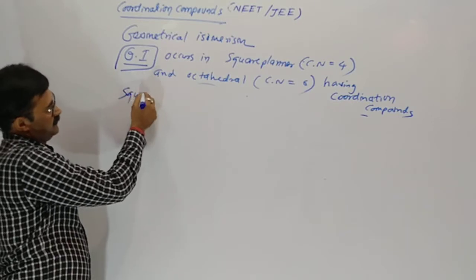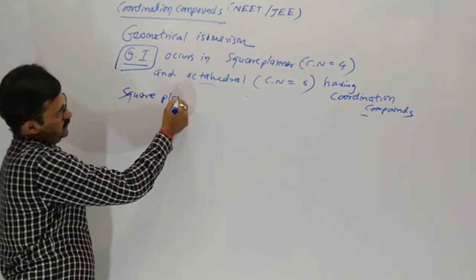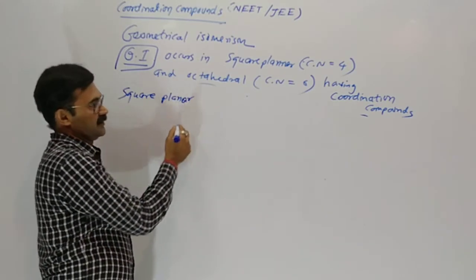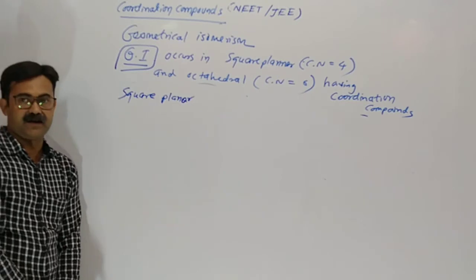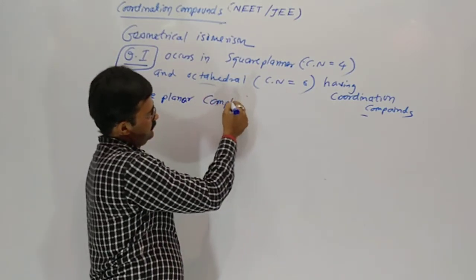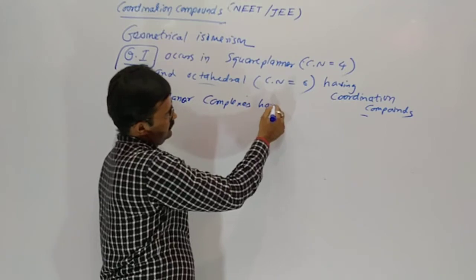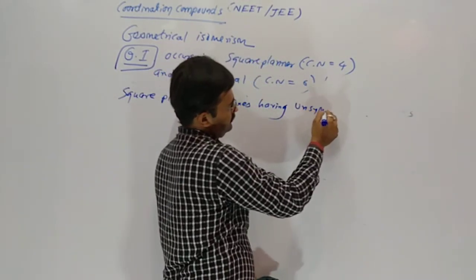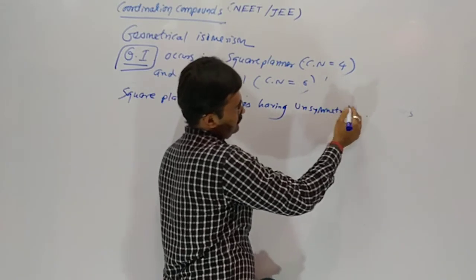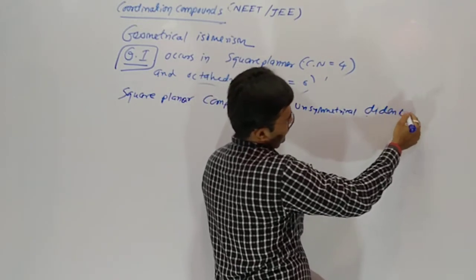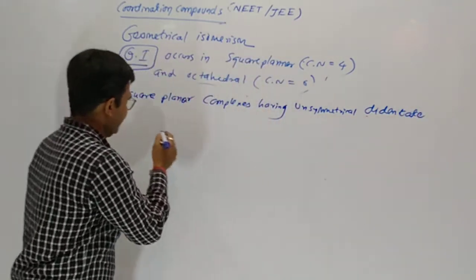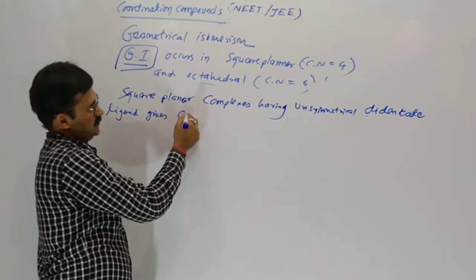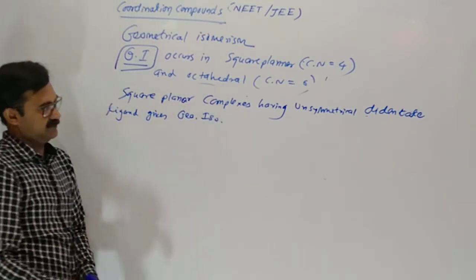Square planar complexes having an unsymmetric didentate ligand give geometrical isomerism.